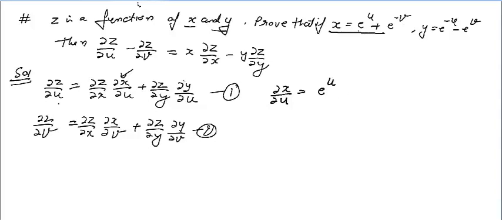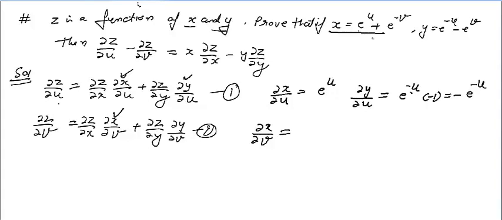Now curl y by curl u will be the derivative of y with respect to u: e raised to power minus u as it is, times the derivative of minus u, which is minus 1 with respect to u. So you will get minus e raised to power minus u. Now I will find the derivative of x with respect to v.